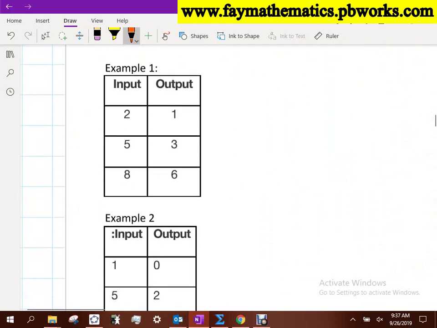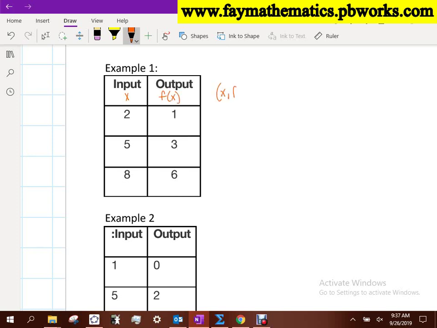These we've already done. We did them yesterday in an ordered pair kind of format. So when they say input, output, remember your input is your independent variable, or x. Your output is your dependent variable, f of x.